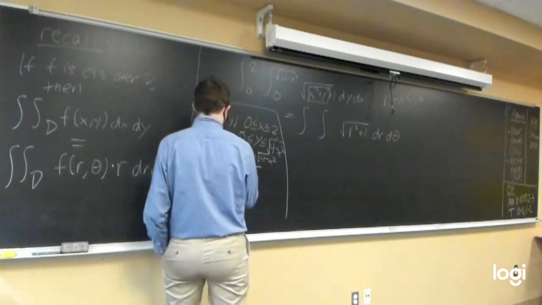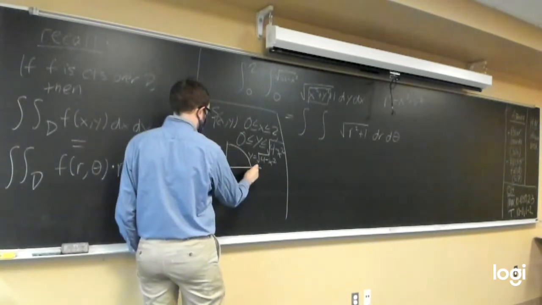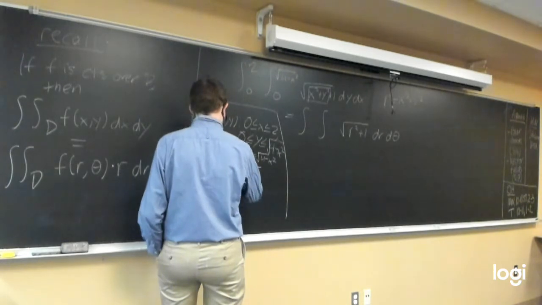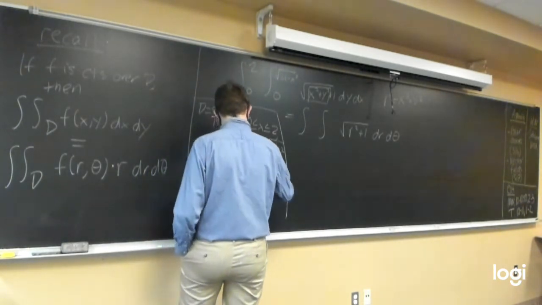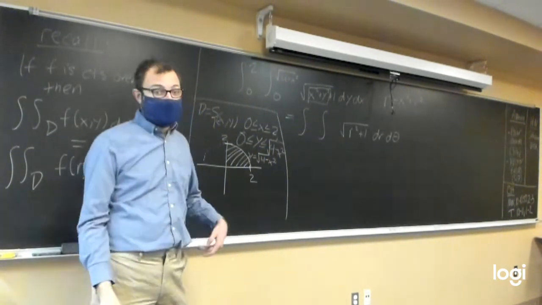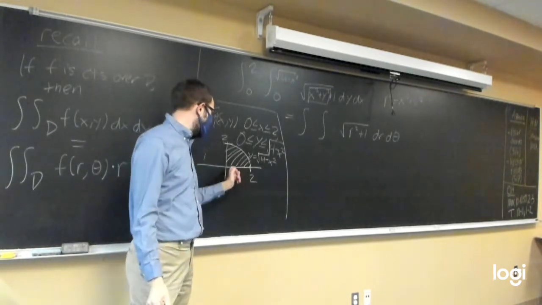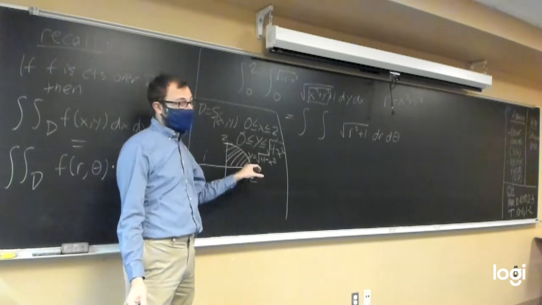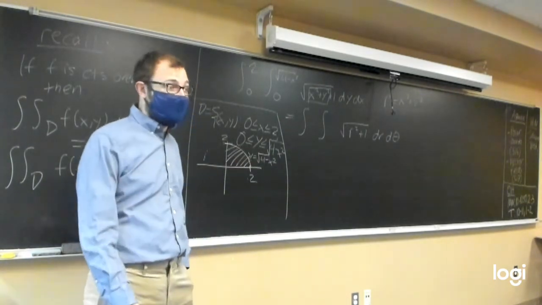And if x goes only from 0 up to 2, it looks to me like this is going to be the set that we're integrating over: the inside of this disk with radius 2, the top right corner of the disk, centered at the origin.